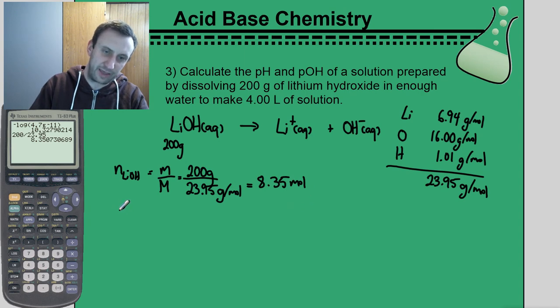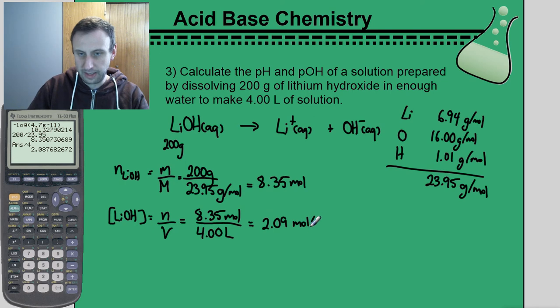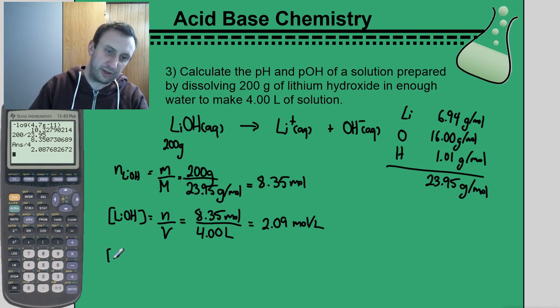Now that is not yet where I want to be. I want to now say that concentration of LiOH is equal to n over V, right? Moles divided by volume. So I have 8.35 moles divided by the 4.00 liters I have of solution. So I'll go ahead and take this and divide it by 4 and end up with 2.09 moles per liter. And now that I've got that concentration, I can now relate this to hydroxide.